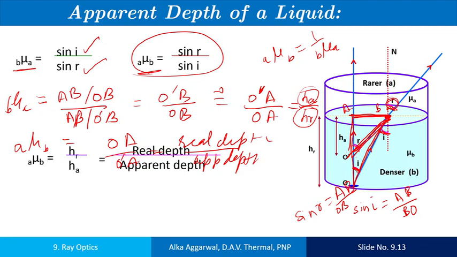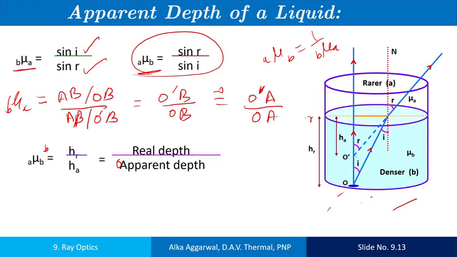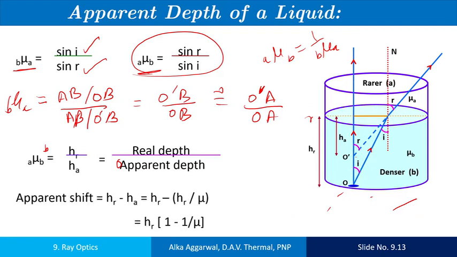Is it clear? I think you are able to understand this derivation. Now, this is called the apparent shift, O O dash, which is equal to HR minus HA.